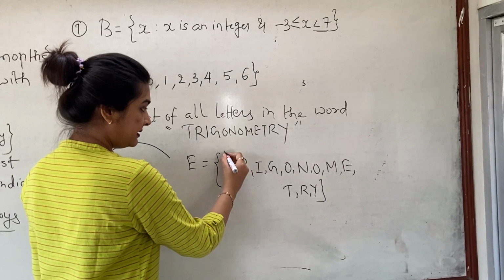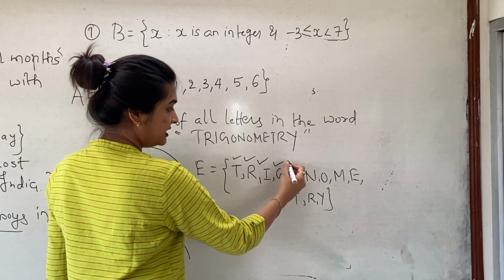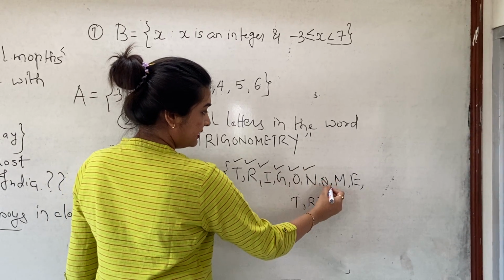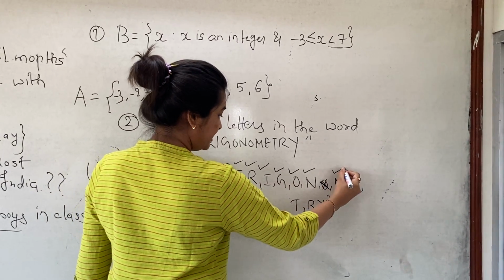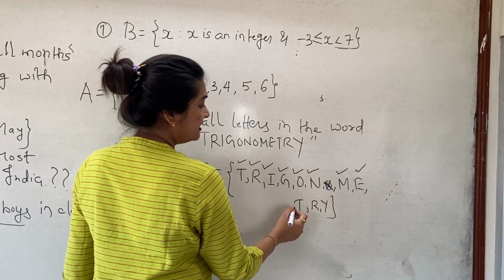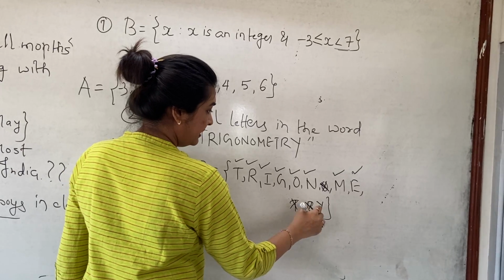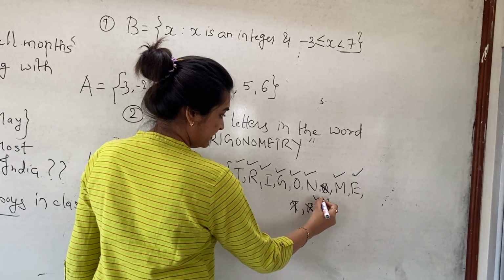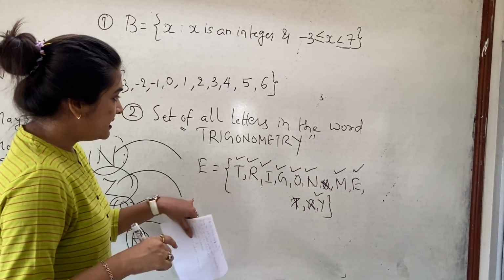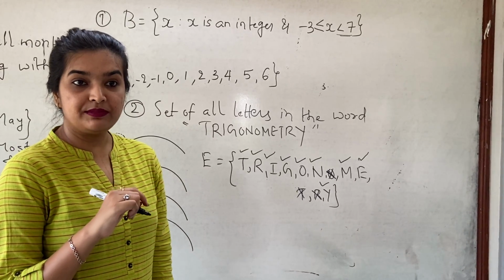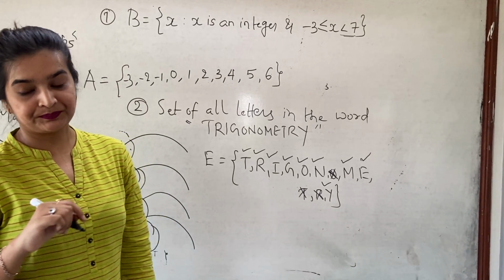So T R I G O N, this O will not be there, M is there, E is there, T will not be there as we have already taken it, R we will not take again, and Y will be there. So this is the example of the roster form.